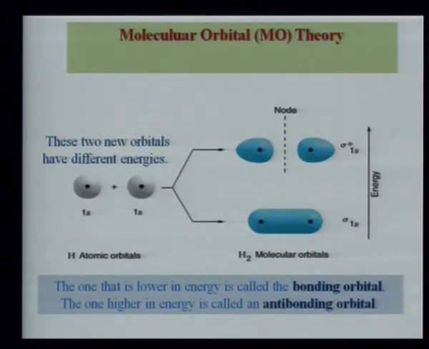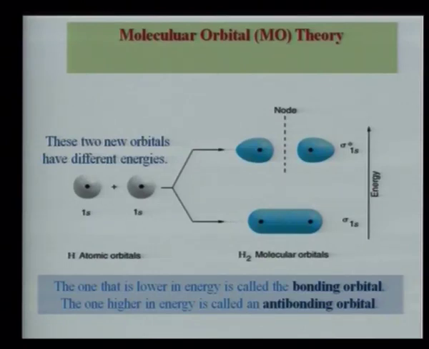Now, as you are aware, we consider homonuclear and heteronuclear molecules. Suppose you want to know whether the H2 molecule is stable or not, you can explain on the basis of molecular orbital theory. When two hydrogen atoms combine together they give two molecular orbitals, called sigma 1s and sigma 1s antibonding.